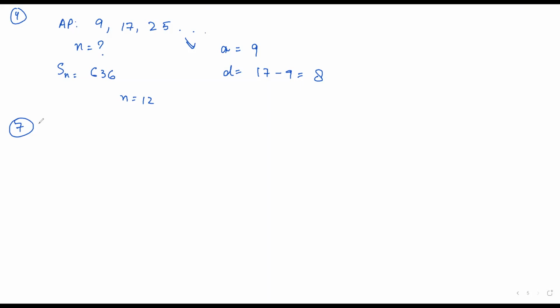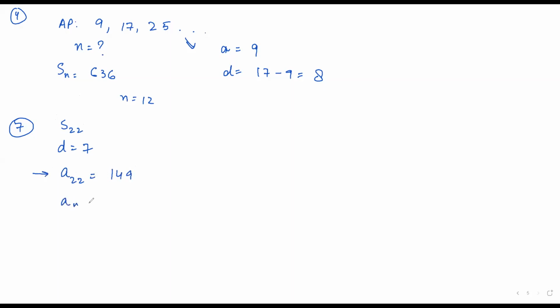Ma'am, can you explain the 7th one? Okay. See, find the sum of first 22 terms of an AP, right? So you have to find S22, in which D is equal to 7. Now D is equal to 7 and 22nd term is given. That means A22 is given, that is 149, right? So you start with this information.